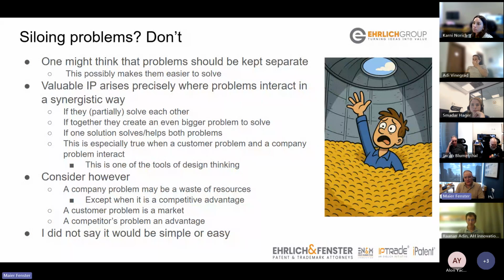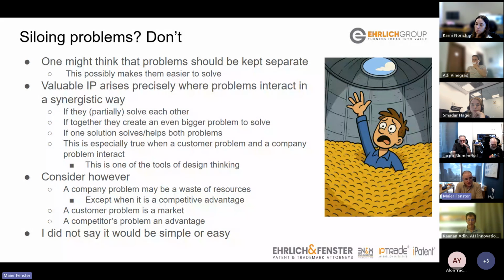And sometimes the customer's problem and the company's problem interact. And if you use design thinking or other problem solving methods, you discover that maybe you can modify the customer's problem and modify the company's problem so that they match better and the solution is much easier.